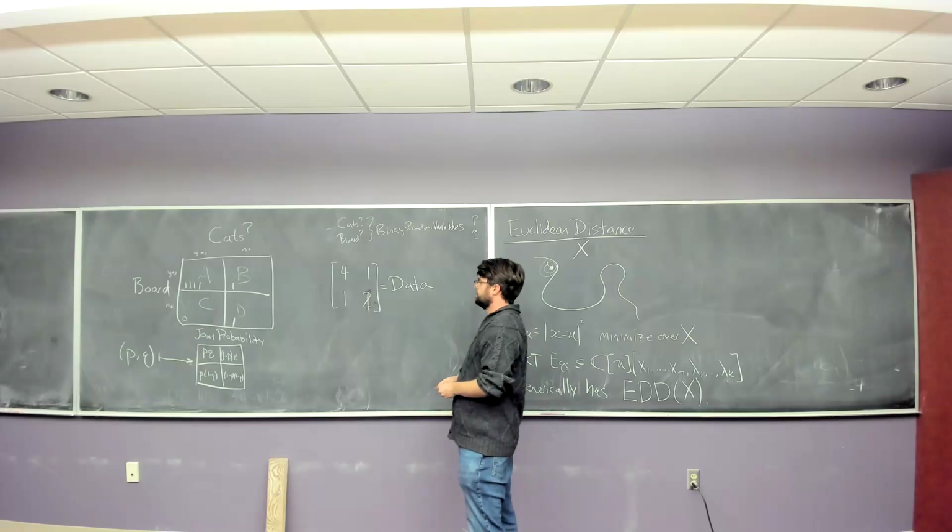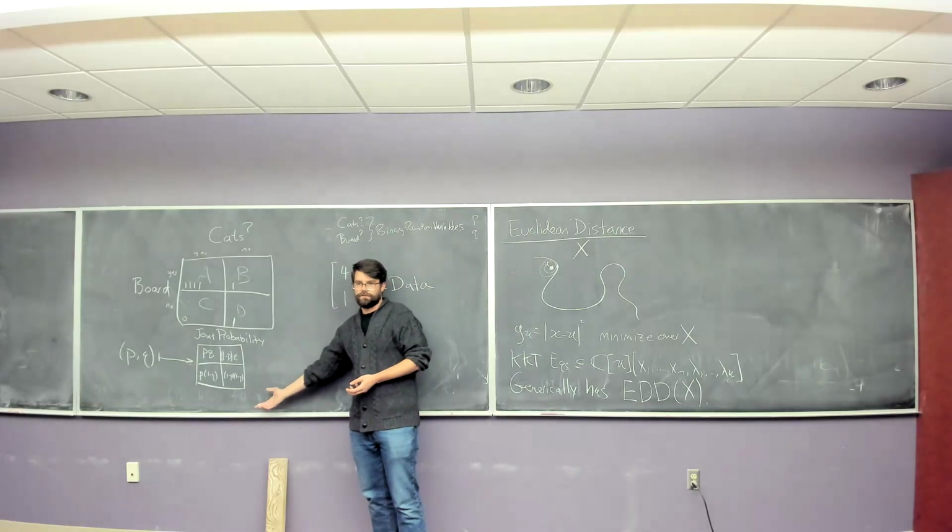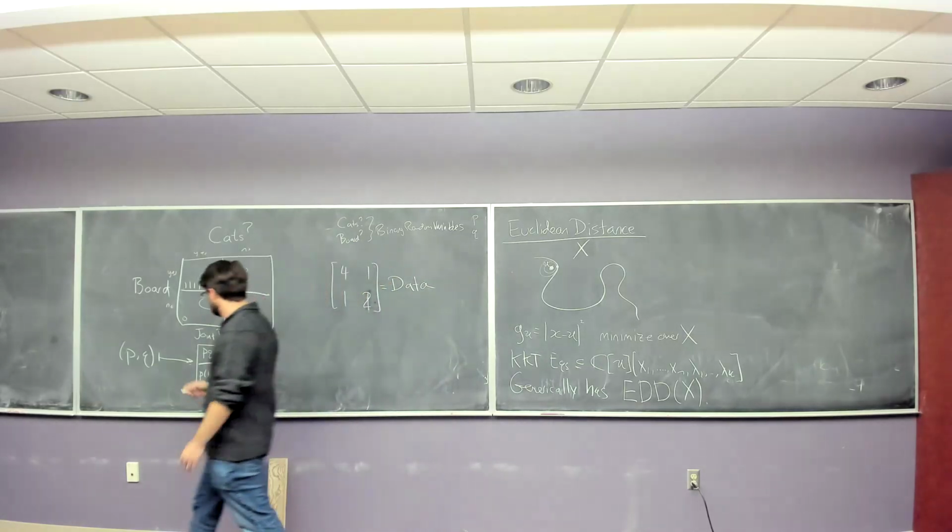Okay, so there are a couple of ways to assess whether or not this data lives on the variety, which is the image of this map.